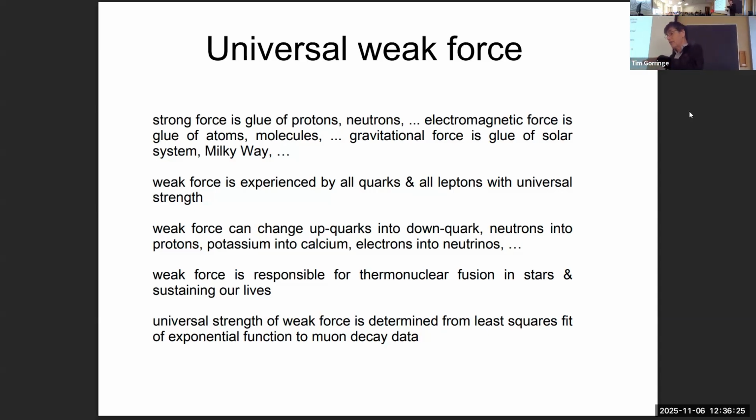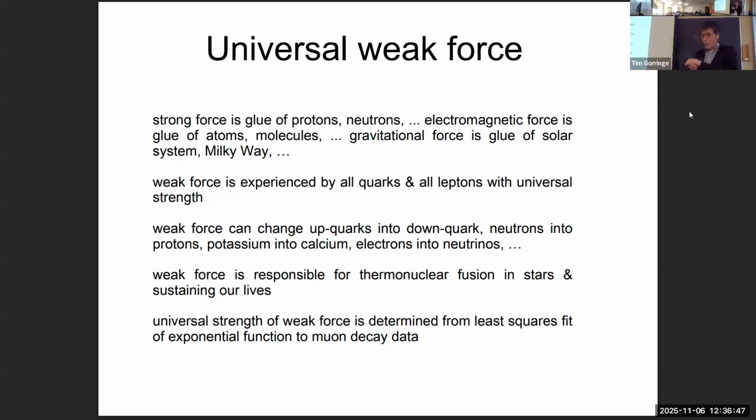So it's at the grandest scale. Gravity is determining the structure of the universe. It's determining the structure of the solar system. It's determining the structure of the galaxy, and so on and so forth. So gravity is kind of the glue that binds together the solar system and the galaxy.